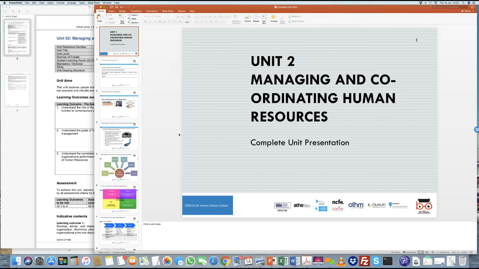So for today's session I've put together a presentation which covers some of the key learning outcomes of this unit, and we are going to go through some of them in a bit more detail for discussion. Once I have gone through some of the initial discussions with you today, there are lots of handouts which I'm going to send, which are key theoretical frameworks that you need to know as an HR person.